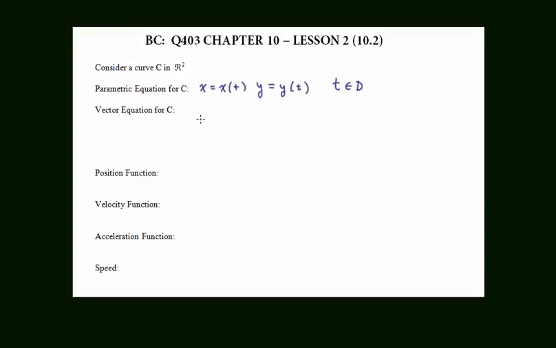Now the vector equation for C is simply the same. We'll say the vector at parameter t is equal to the x component and the y component. So the only difference is I write the parametric equation inside a vector. Of course, t is an element of some domain.